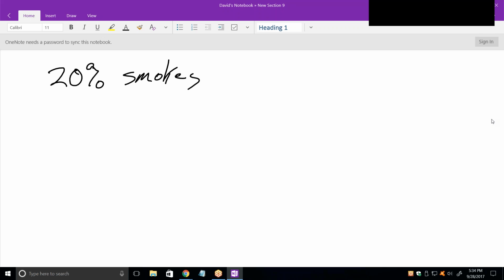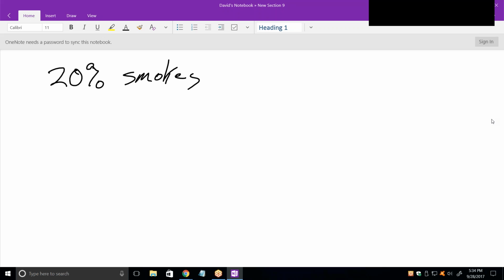But the question says, find the probability of finding 5 people at random that all smoke, correct? Or no. Yeah. The problem is, how would you design a simulation? Yeah, so explain how to simulate the probability of randomly selecting 5 people and selecting all smokers. Okay.